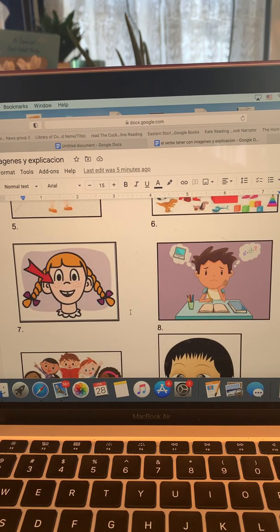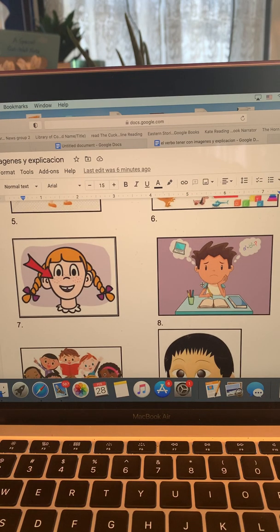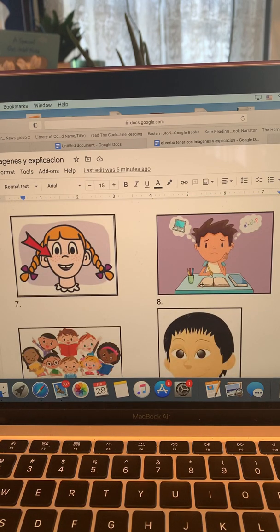Next one. This kiddo has to do his homework. I see only one person. I see masculine. Okay? You need to use a singular masculine pronoun, conjugate the verb appropriately, and tener que.